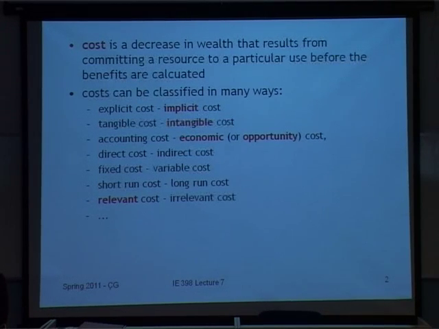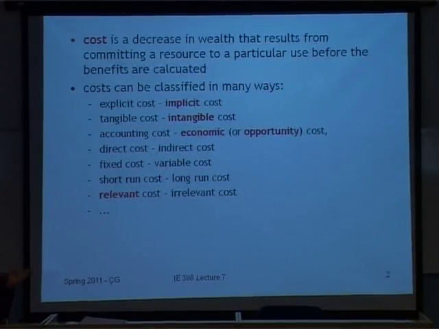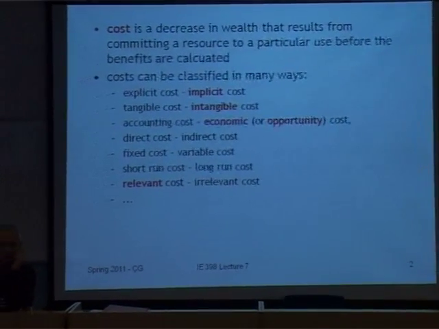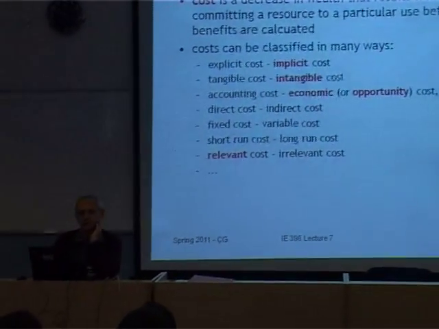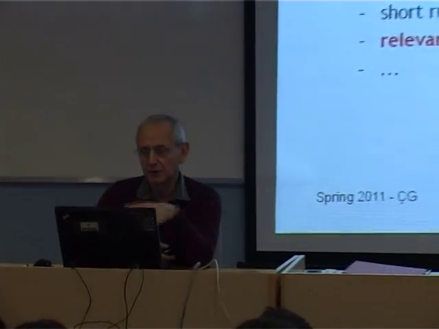Most of these classifications, well, all of these classifications are binary, either this or that. There could be other types of classifications as well, but I assume that we are all familiar with these, but the ones that I have underlined in red are the ones that we are going to particularly stress in this chapter.